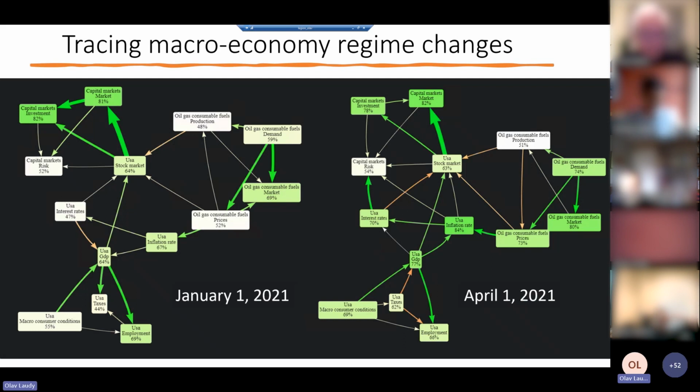In this slide, we see 2 Bayesian networks fit on different dates. The first fit on January 1, 2021 was a time when Trump was still president. On April 1, the graph on the right, Biden was president. We see interesting changes in the graph. If we focus on the lower part of the graph, when Trump was president, we see how the USA GDP was moderately growing, which was believed to push up taxes.